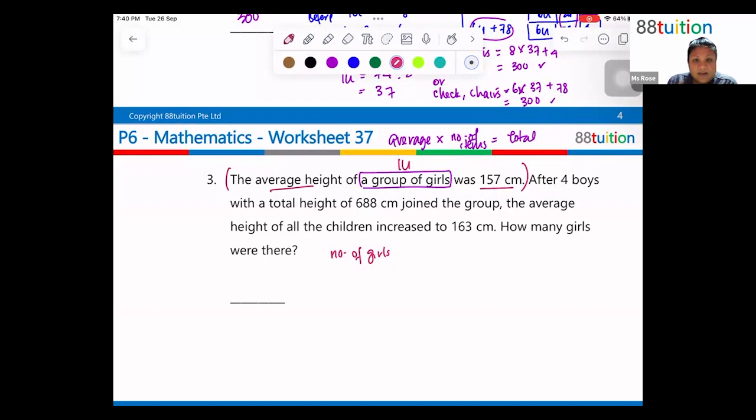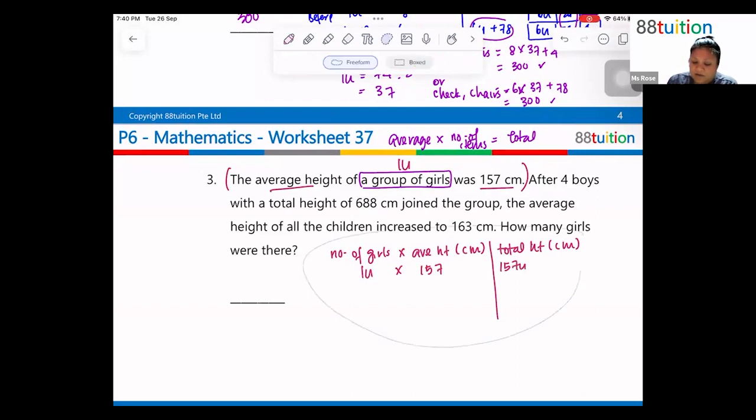I can, by taking number of girls times the average height, which is in cm, will give me the total height, which is in cm. So if I take the number of girls, which is 1 unit, times the average height, which is 157, will give me 157 units.